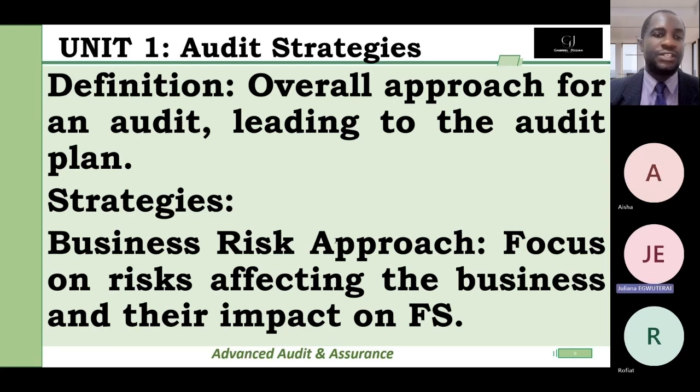And the objective of this is to understand the entity's environment and the strategic risks. What do we mean by strategic risks? Regulatory changes in the environment, competition, technology disruption that could lead to material misstatement. So that's the objective of assessing the business risk of the business.